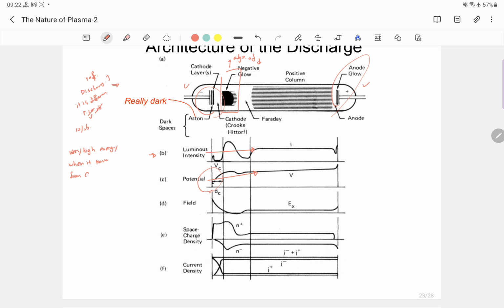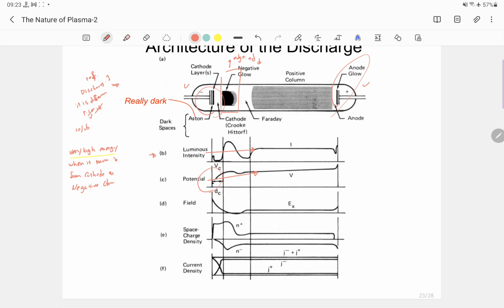And once the electrons are knocked out from the cathode surface, they will accelerate along the positive direction. So again, the negative potential drop here will accelerate the electrons. When the electrons come out from the cathode surface, they will travel toward the anode, and when they travel across the cathode layer, they will get very high energy. So these electrons are called primary electrons, with very high energy.